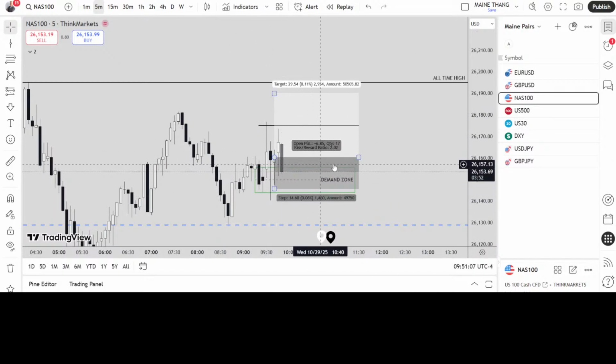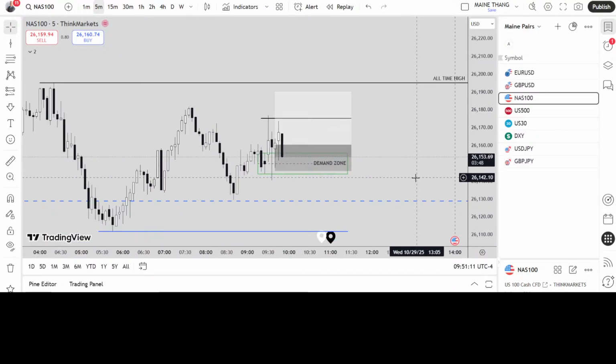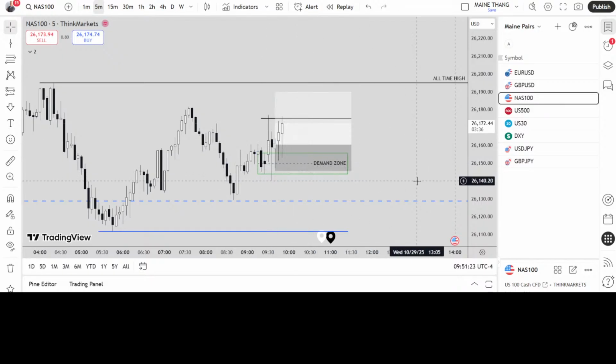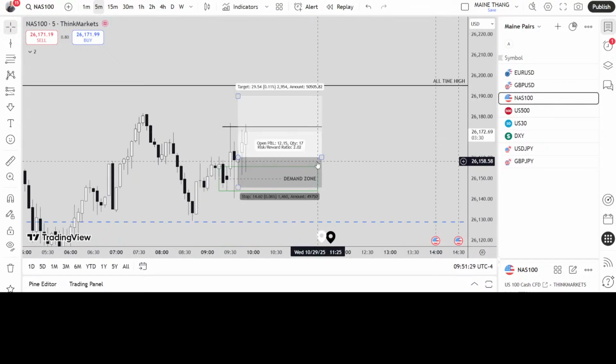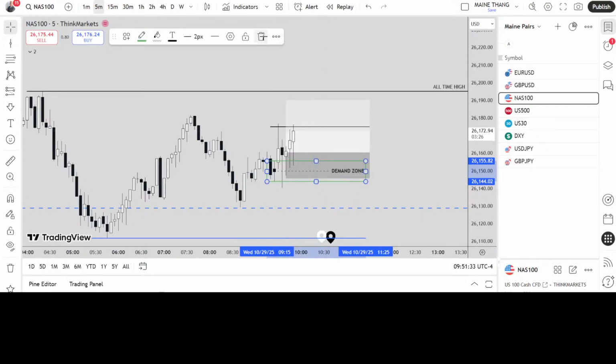See that? It's still just in between those highs and lows. I don't know. The zone is holding up. Stop is below this candle, the candle we entered on. There you go. 1-to-1. There you go. There she go.